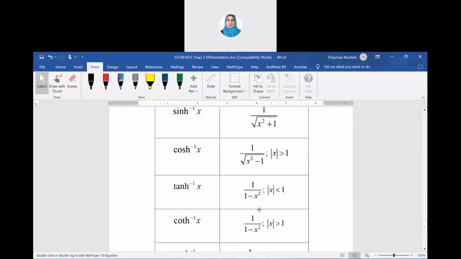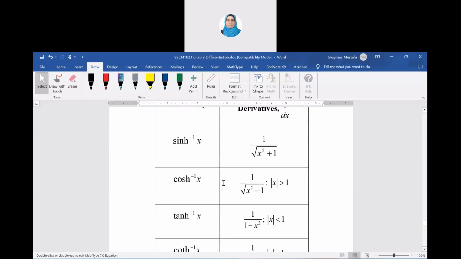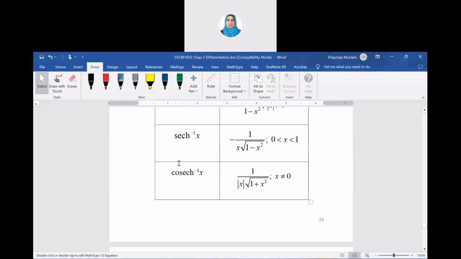Similar for tan inverse and cot inverse. But tan inverse, cot inverse have 1 plus x squared, while sine inverse and cos inverse have 1 minus x squared. But in both cases, tan inverse or cot inverse don't have a square root. Sine and cos both have square roots.